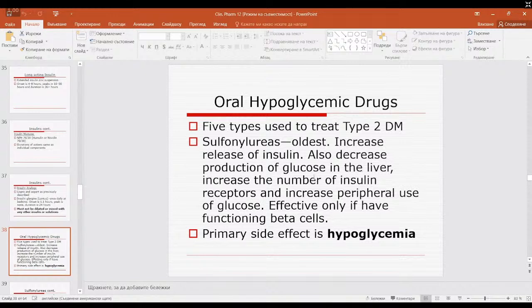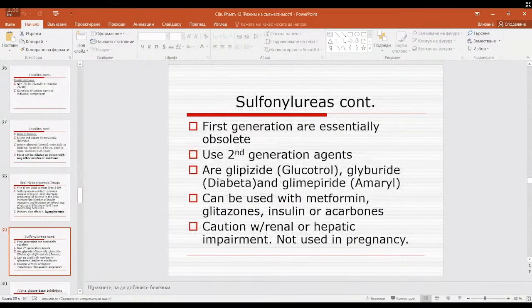So gluconeogenesis is lower. And of course, they're effective only if we have functioning beta cells. So the sulfonylureas are not going to be effective logically in type 1 diabetes. The very commonly observed adverse drug effect is hypoglycemia, which is more commonly seen in these drugs than in insulin sensitizers, because again, they lead to an increase in the secretion of insulin.